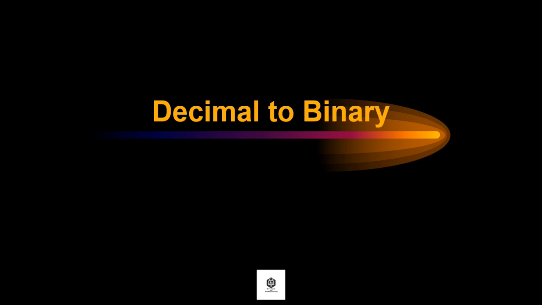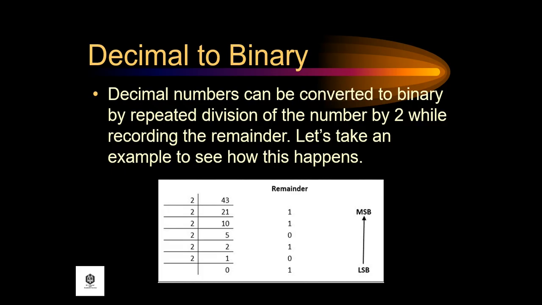Let us talk about decimal to binary. Decimal numbers can be converted to binary by repeated division of the number by 2 while recording the remainder. Let's take an example to see how this happens.